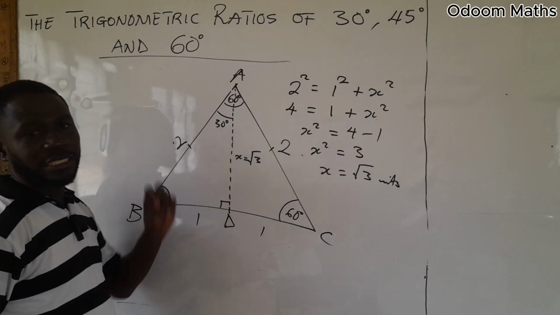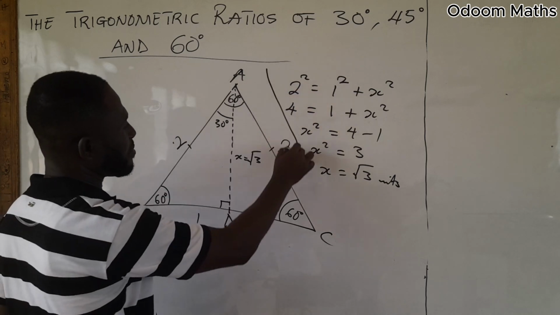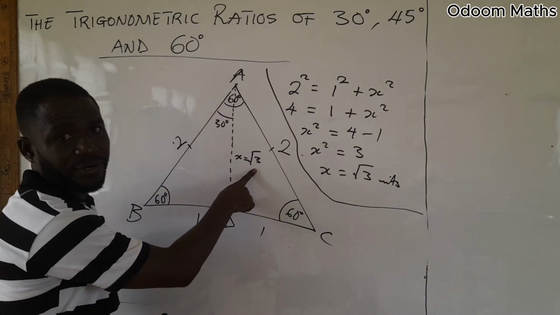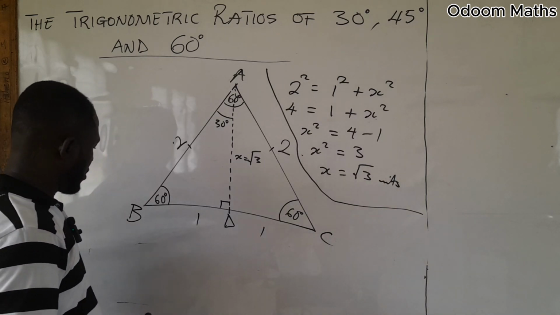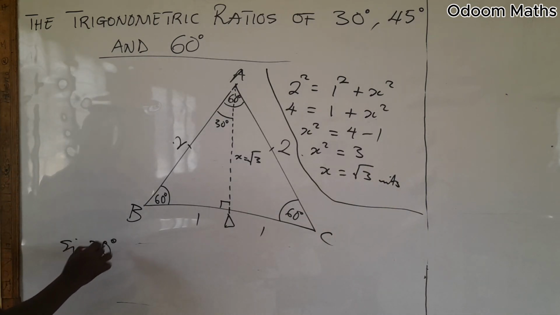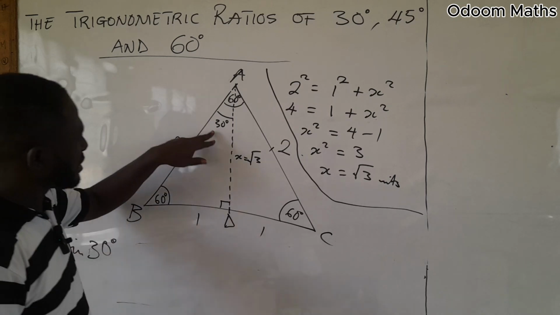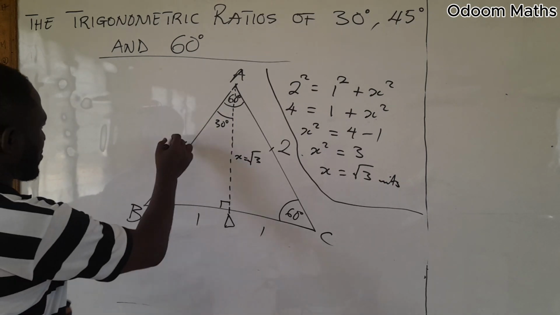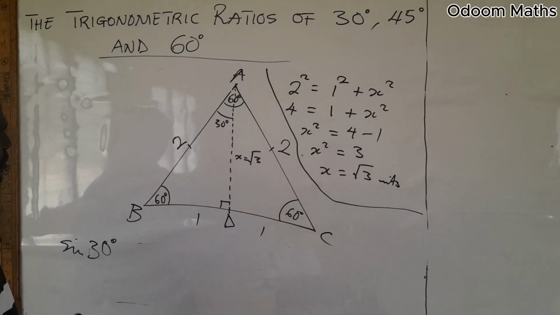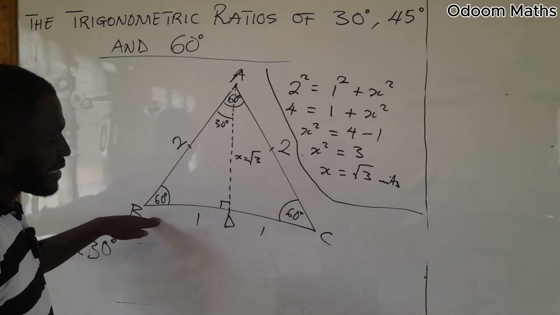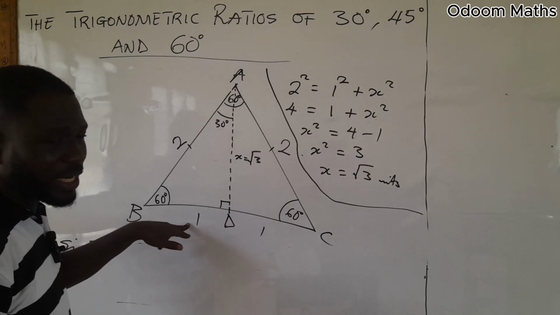Now let's look at 30 degrees. Since we calculated this side and had root 3, that is on this side. So sine 30 degrees, sine is opposite over hypotenuse. The angle 30 degrees faces this side, BD, and BD measures 1 unit.